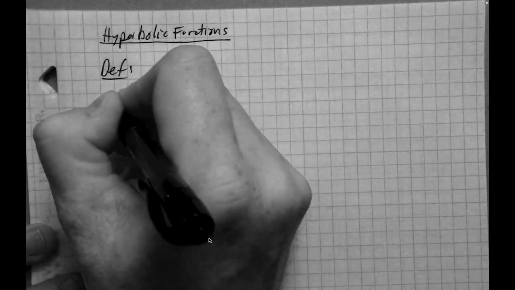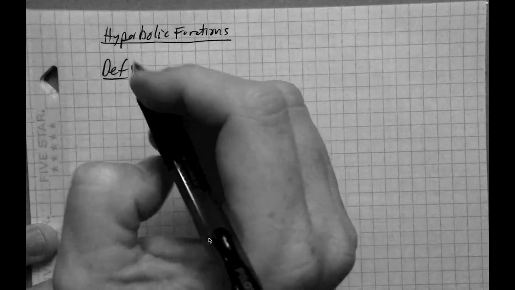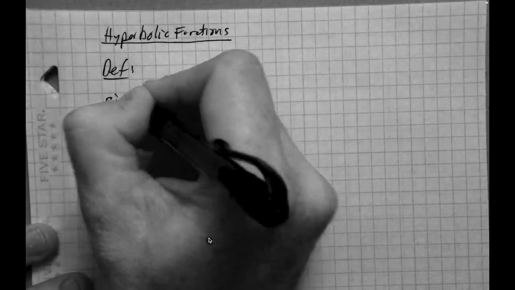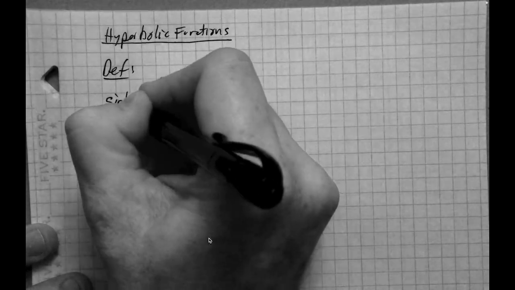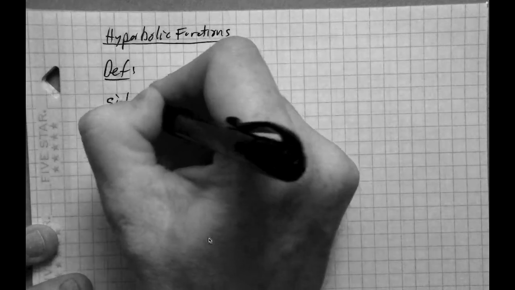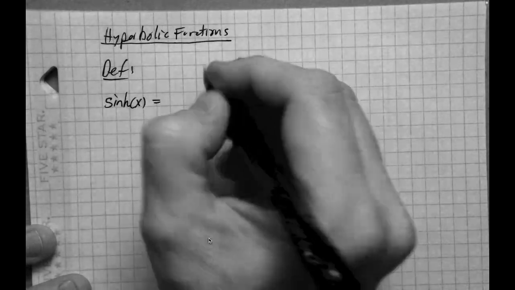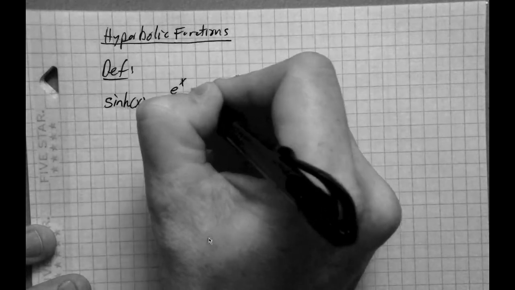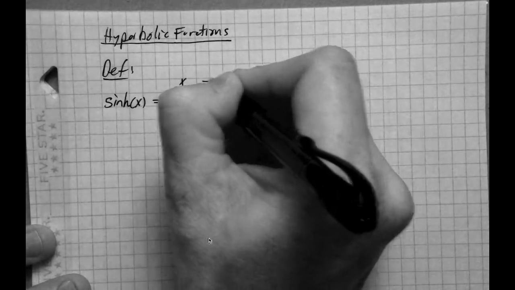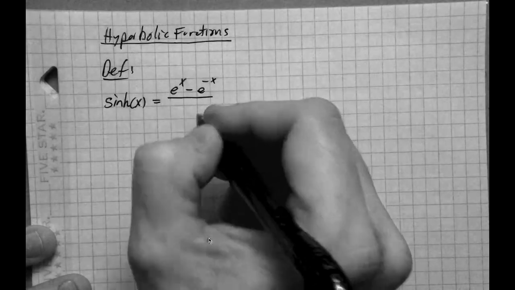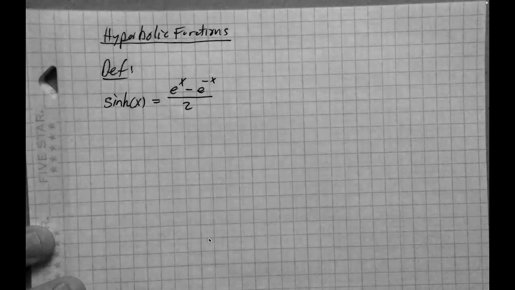So there's the hyperbolic sine function, denoted like a sine but with an h, and then you have the argument x. The hyperbolic sine of x is defined to be e to the x minus e to the negative x, divided by 2.